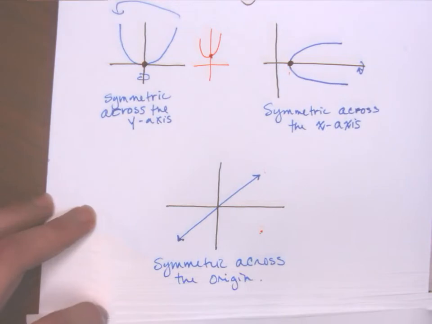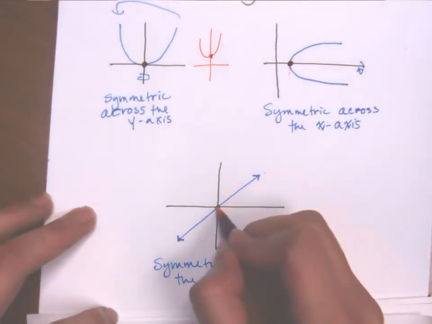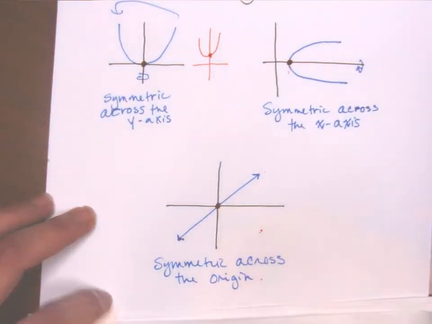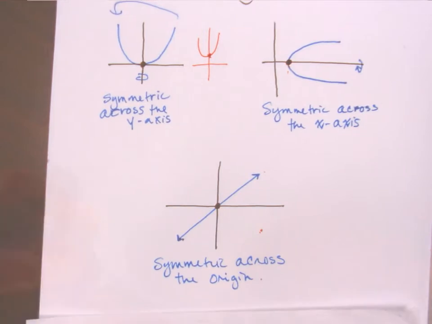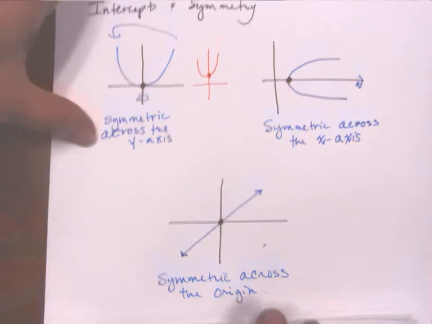Okay, so here we would be crossing through the x and the y. We can find out all of this information from our equations without having to draw the graph, or we can find all of these points before we draw the graph. Okay, so keeping this in mind, let's look at an example.